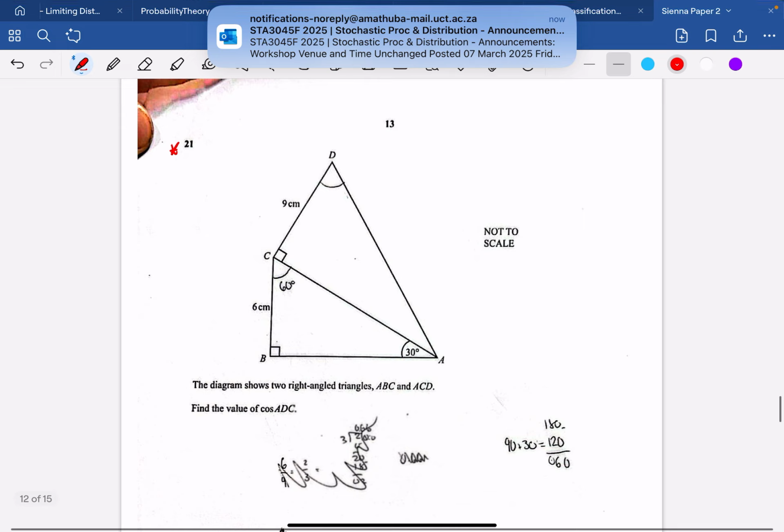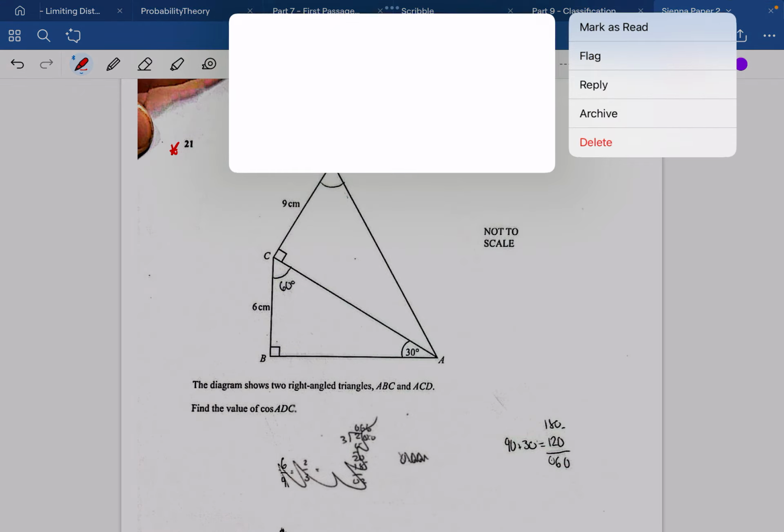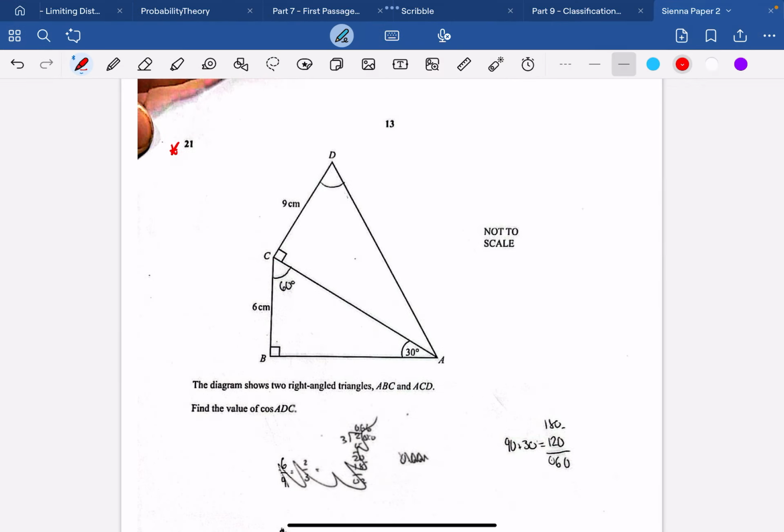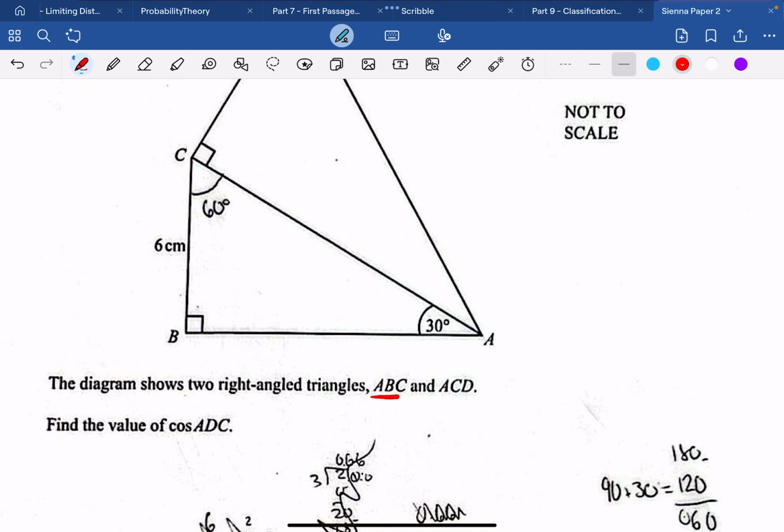Question 21. Sorry, I just want to check this. Okay. The diagram shows two right-angled triangles, ABC and ACD.